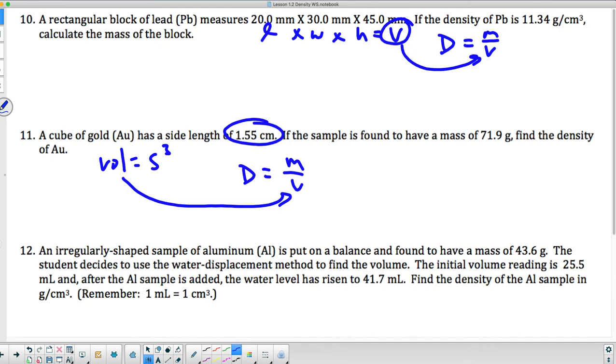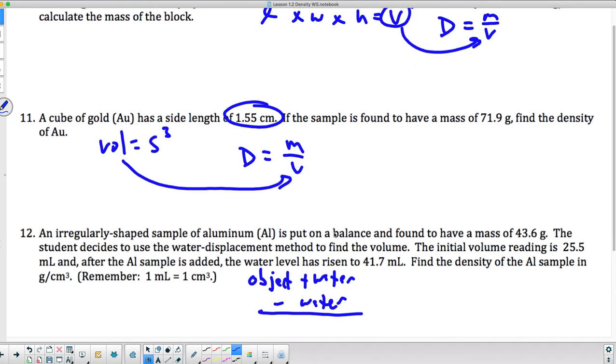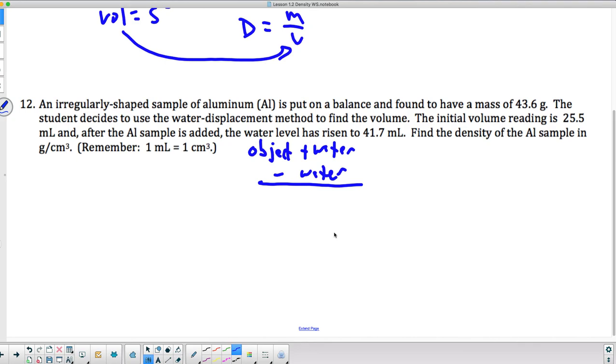Okay, this is our water displacement. Make sure that you're watching and using your notes. Water displacement is when you have the object plus water, minus the water, equals the volume of the object.